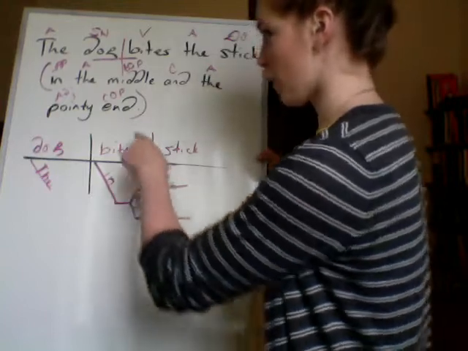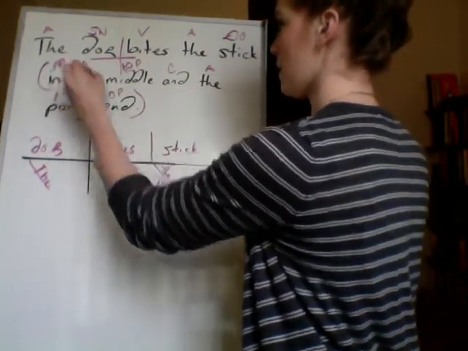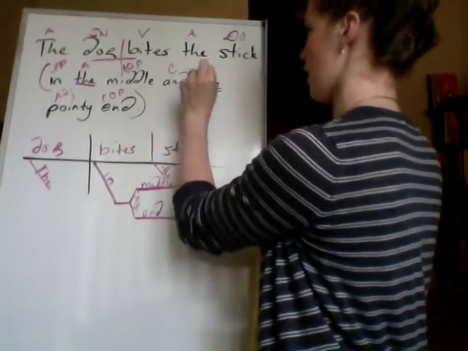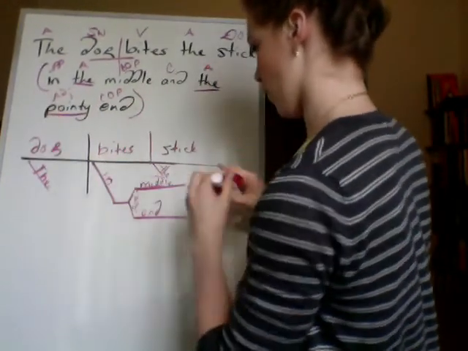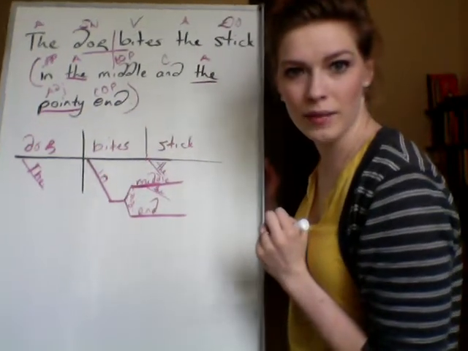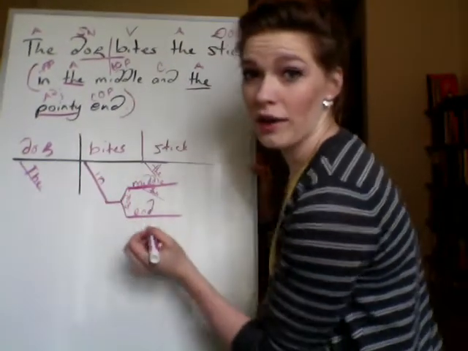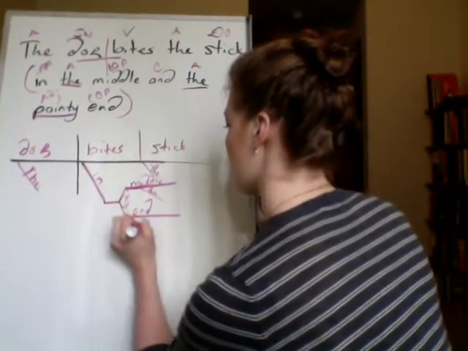Now, with end, notice it has two things describing it, and middle has one thing describing it. Middle has the, end has the and pointy. So, for middle, draw a line like that. The comes down. Can you see that? Sort of. Okay, great. I'll make it bigger on end, but we did the same thing there.